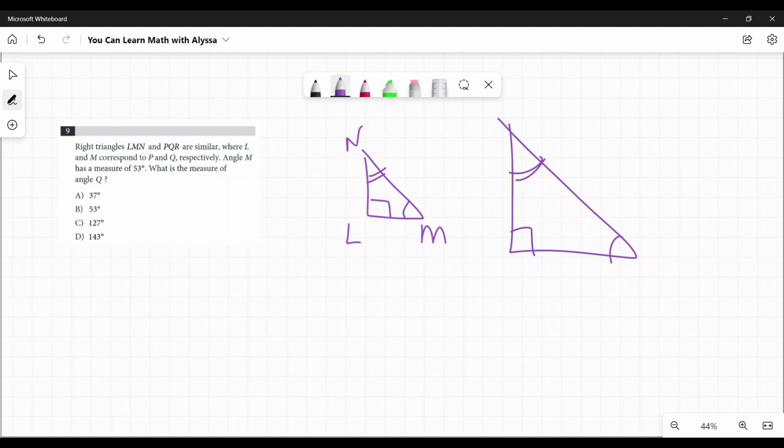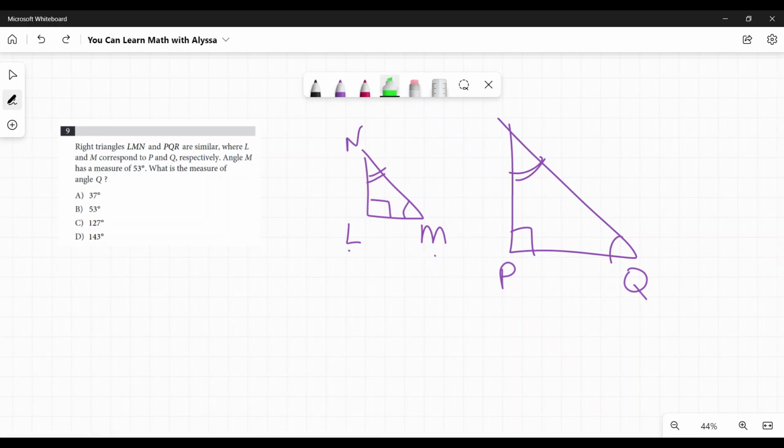They're telling us LMN and PQR are similar, where L and M correspond to P and Q. So I draw my little triangles. I go, okay, L and M correspond to P and Q. I make sure that L and P are in the same spots relative to each other on these two triangles, and M and Q are in the same spots relative to each other.